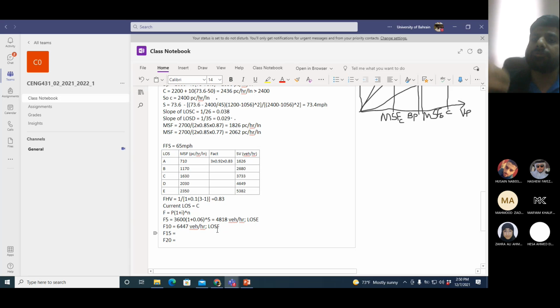Since it keeps on increasing, it will not go back to E or D. It will remain F. So after 15 years and after 20 years, the level of service is F.